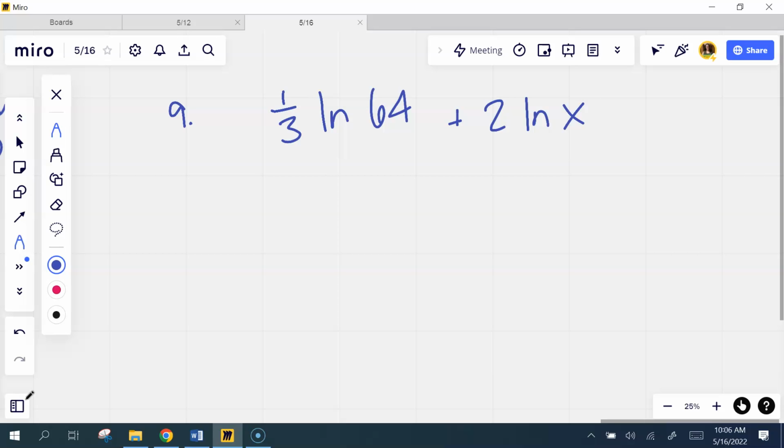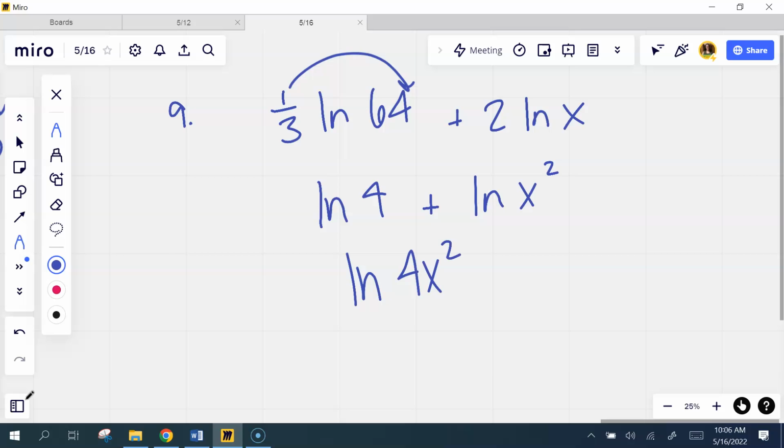What'd you do first? Those exponents. What is 64 to the 1/3? 4, because 4 times 4 times 4. Because I'm adding, all I have to do is combine them with multiplication. So this becomes the log of, that's exactly right. I'm done.